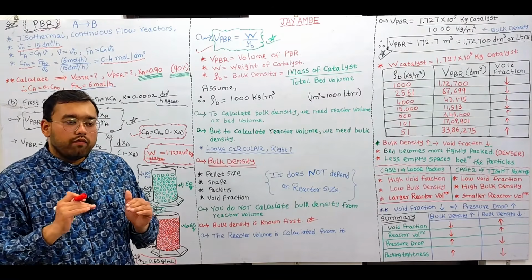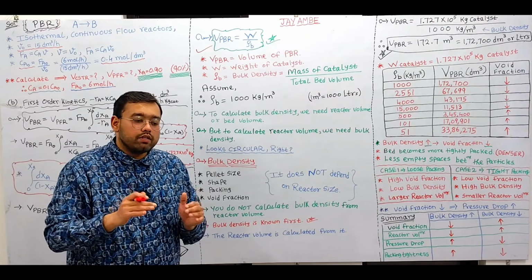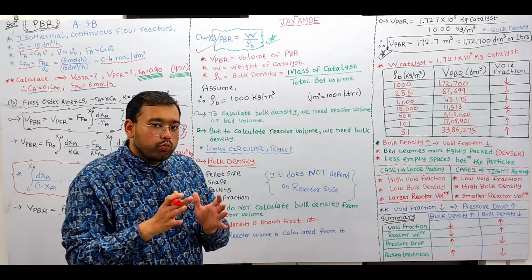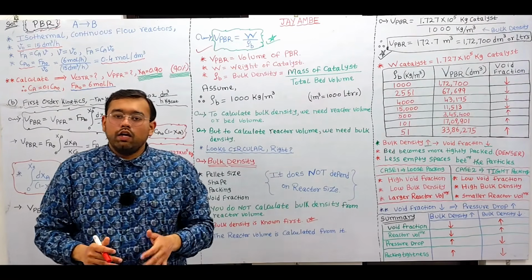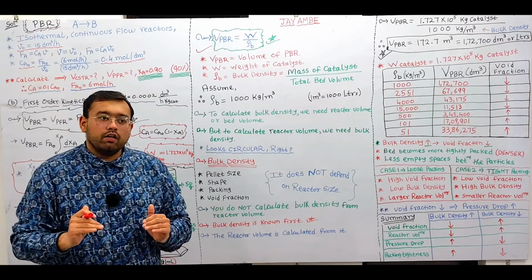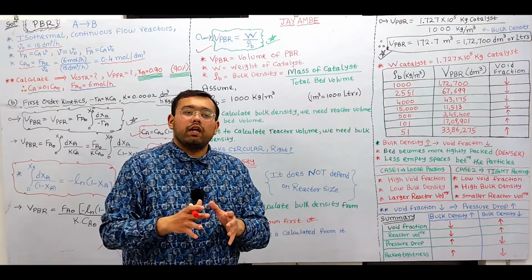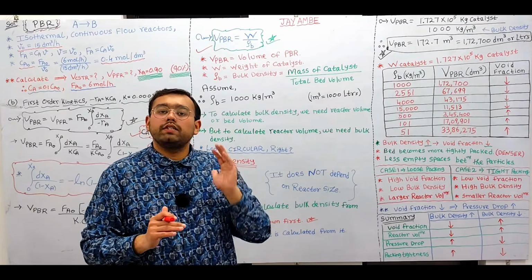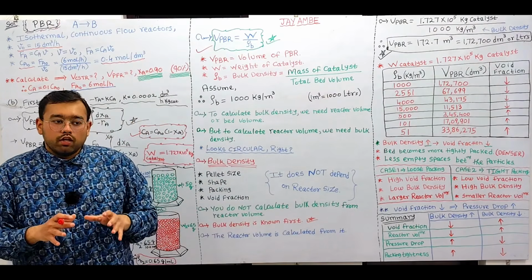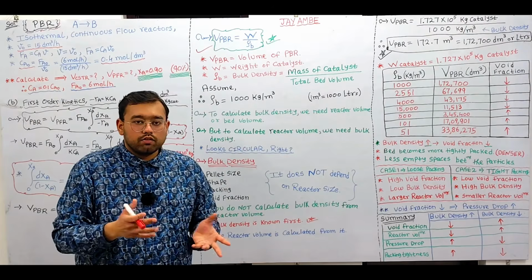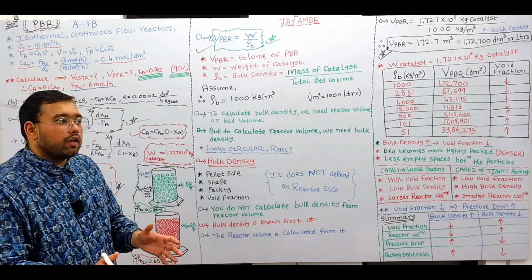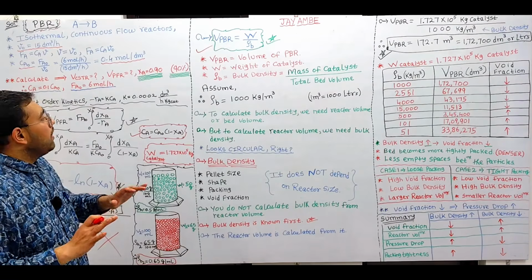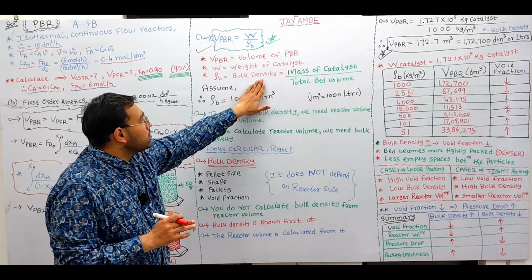Due to the decrease in the void fraction, there will be a higher pressure drop. The pressure drop increases because of the tightness in the packing. I hope up to here you have understood.